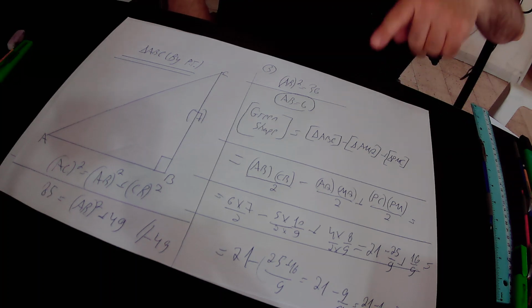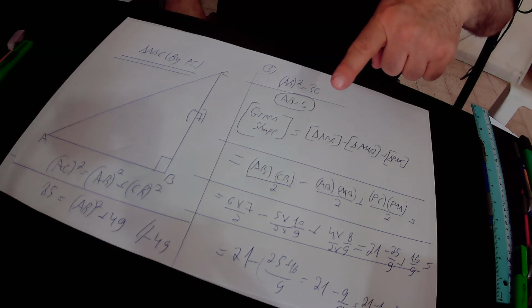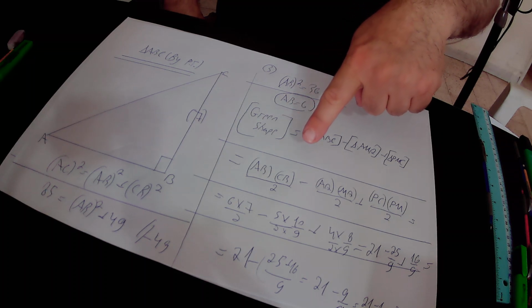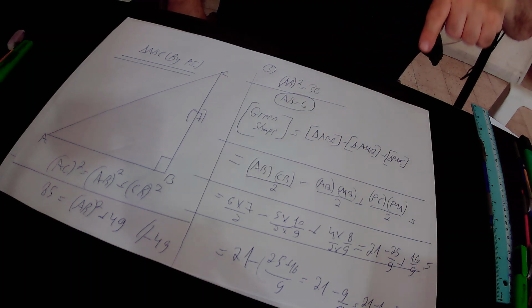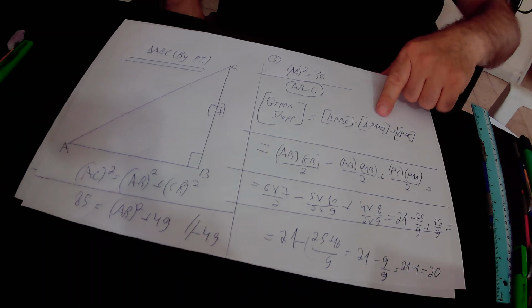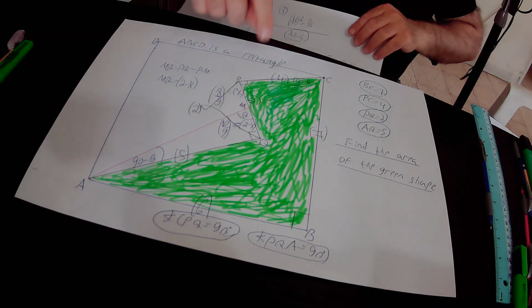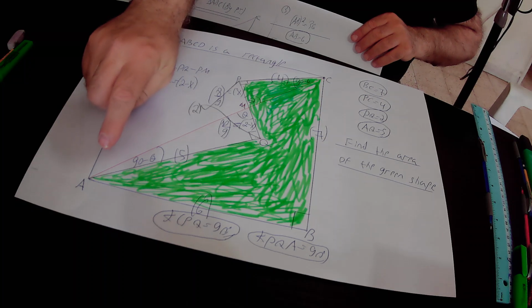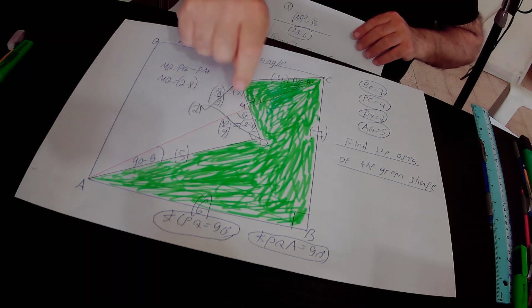The area of the big right triangle ABC equals the base, that is AB, times the height to the base, that is BC, over 2. The area of the right triangle AMQ equals the base AQ times the height to the base, that is QM, over 2.